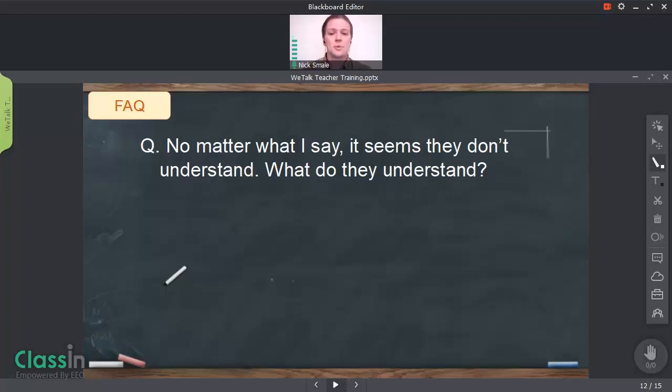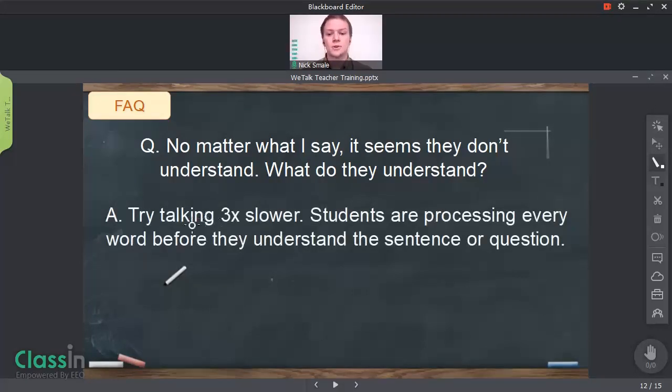Sometimes, no matter what you say, it seems they don't understand anything. You say, didn't their teacher teach them this stuff? Why don't they understand? Well, first step is to try talking slower. A trick for this is to pretend there is a period after every word. If you read it like this, you can say, students are processing every word.